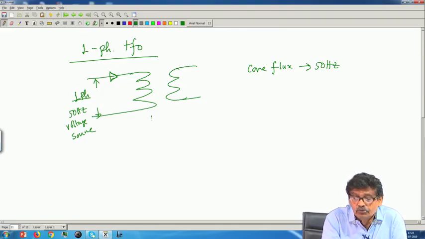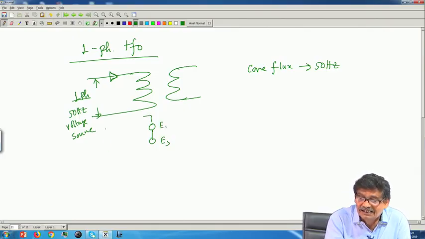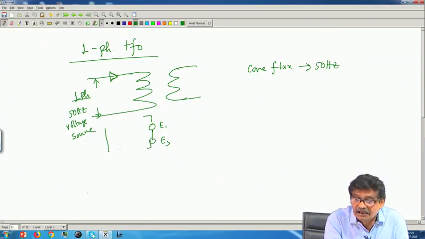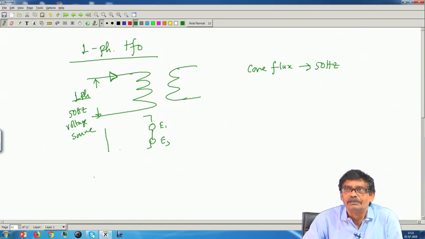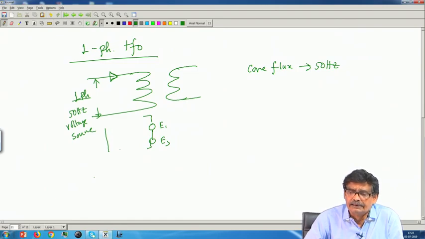So, here there are two sources, that is the way I drew fundamental component and third harmonic component, but this circuit is closed and third harmonic component can produce its own third harmonic magnetizing current to restore the flux to the sinusoidal value, and everything will be fine.